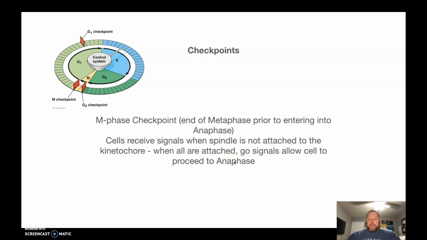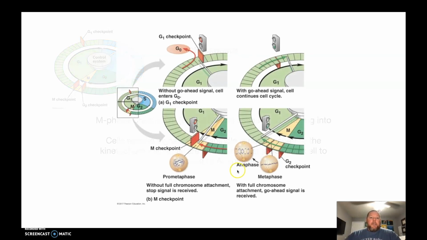All right, so taking a look here again, the most important checkpoint is going to be the checkpoint during the G1 phase. If this one goes, the cell will typically continue through and finish mitosis and cytokinesis. If not, it's going to leave and go through the G0 phase, which again just basically goes to that non-dividing phase.